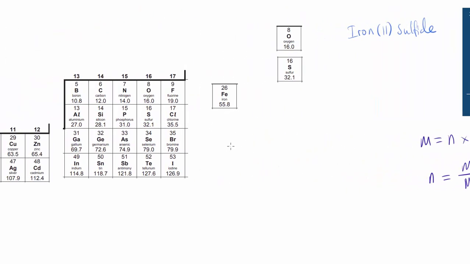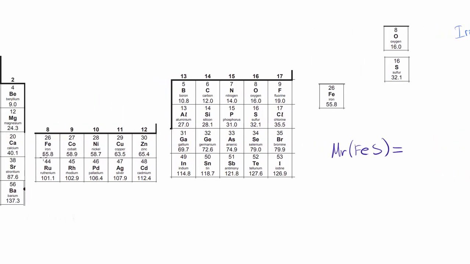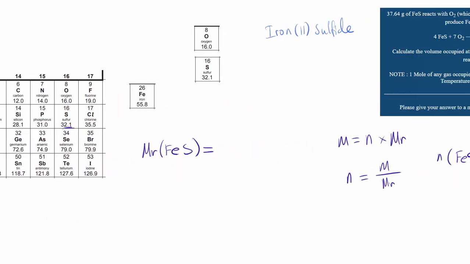So you just put this together, that the Mr of FeS, right? And that's going to be equal to, and we've got one of each, right? So as you can see, for Fe, we've got 55.8, and for sulfur, we've got 32.1 in terms of the relative atomic masses.